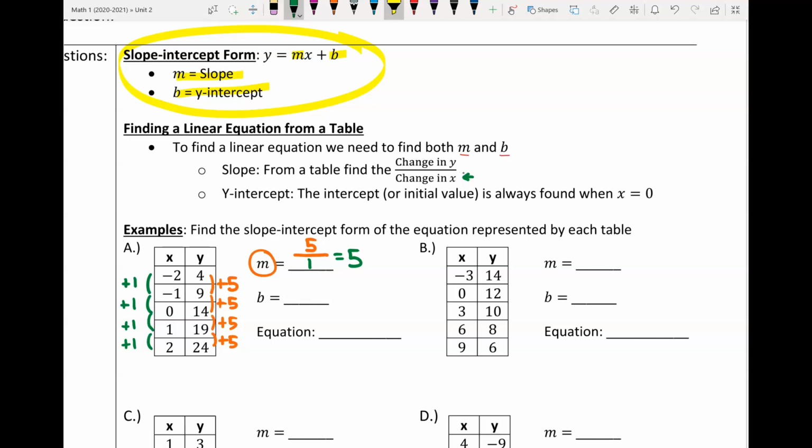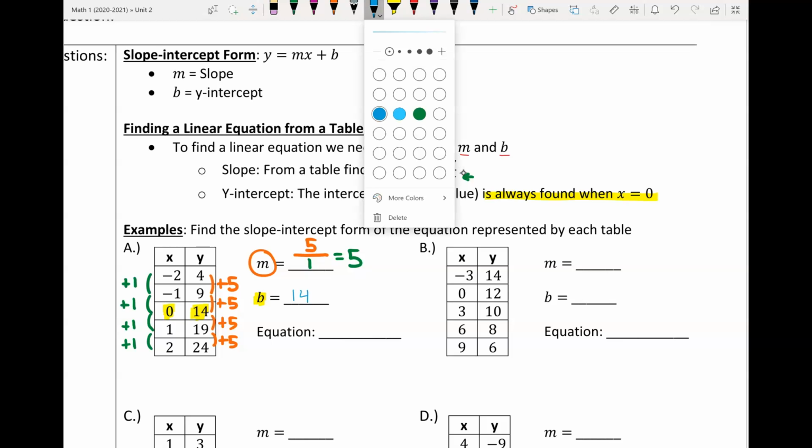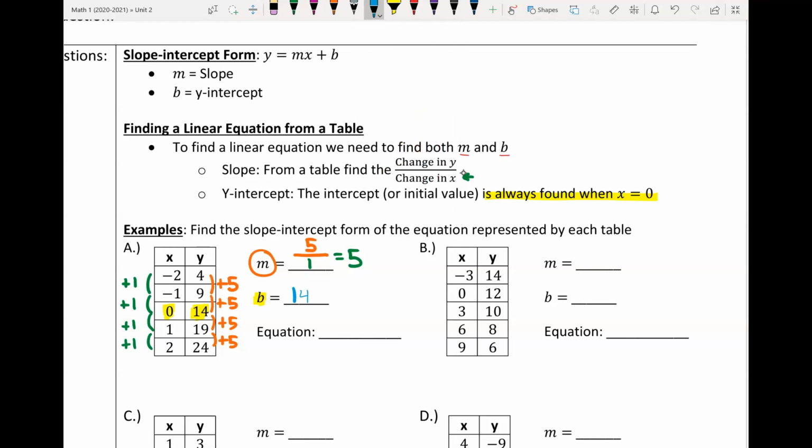Now we need to find our y-intercept. Just as we said up here, the y-intercept is always found when x equals 0. So to find my y-intercept, I look to when x equals 0. When x equals 0, my y value is 14. So my y-intercept is 14, and that's all it is.